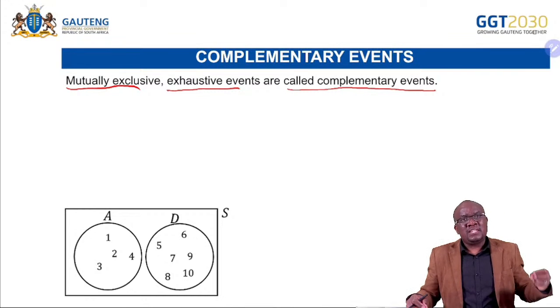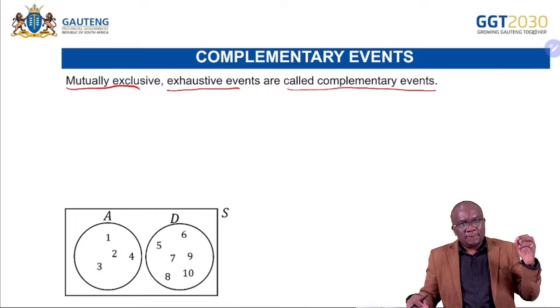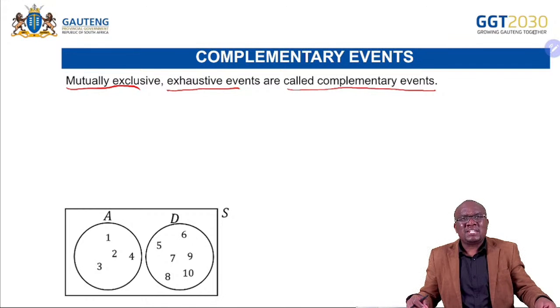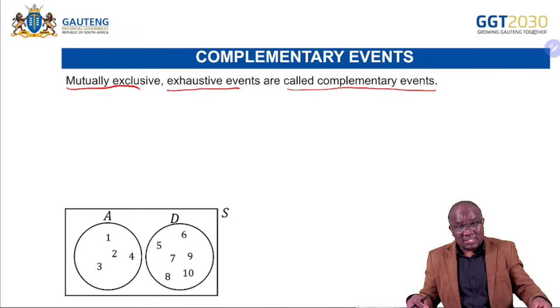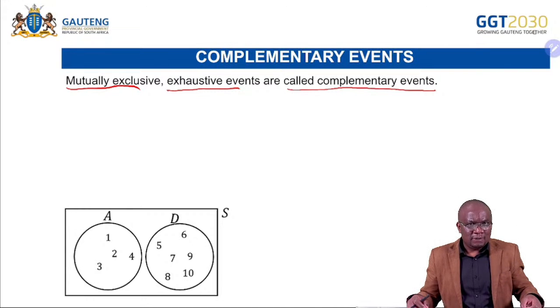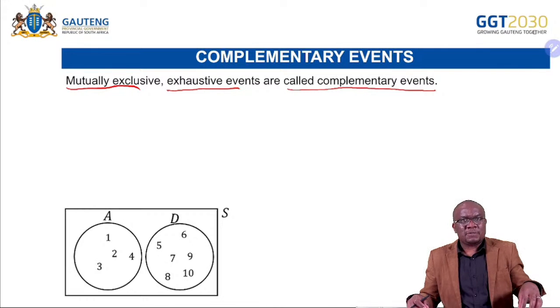And the probability of picking a learner doing mathematics plus the probability of picking a learner doing mathematical literacy gives us 1. Probability of A plus probability of B gives us 1.